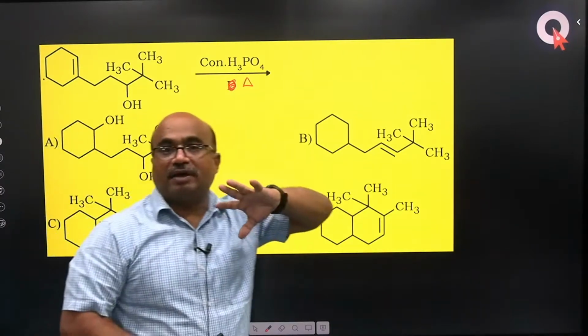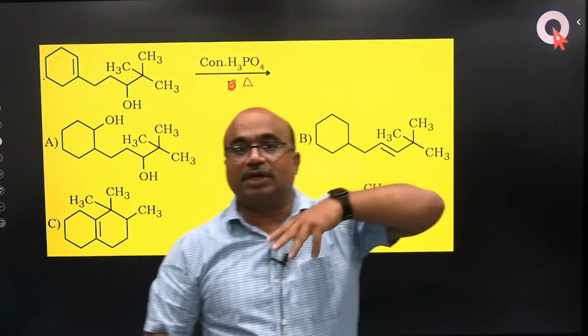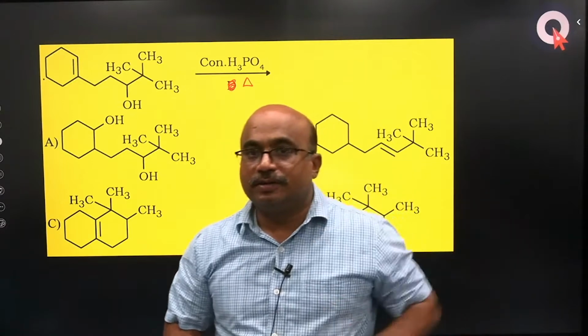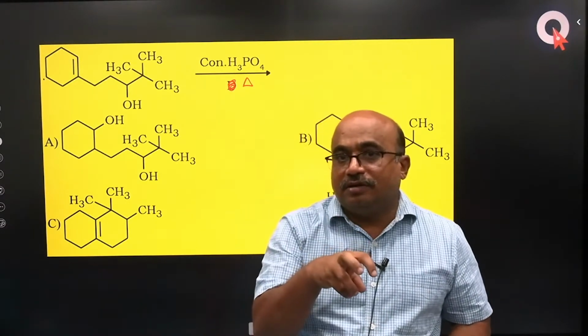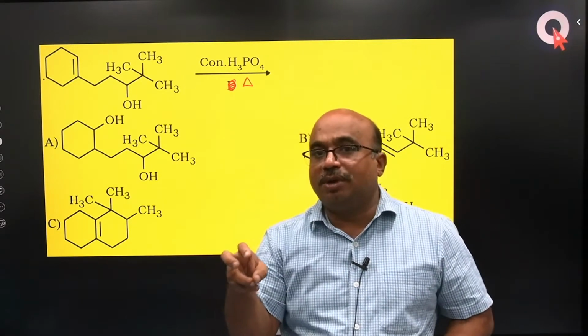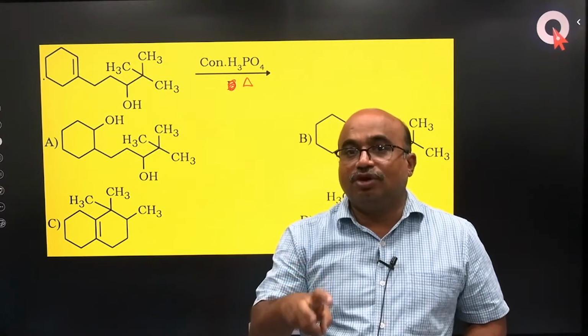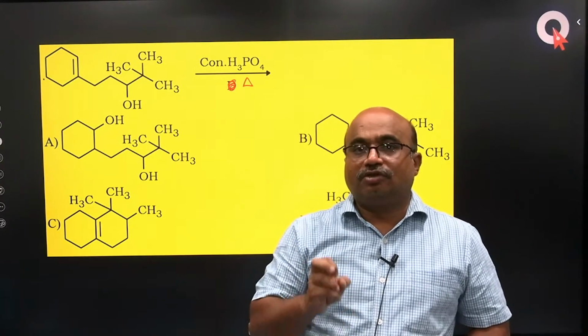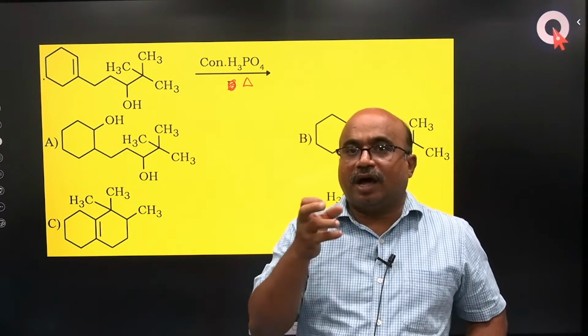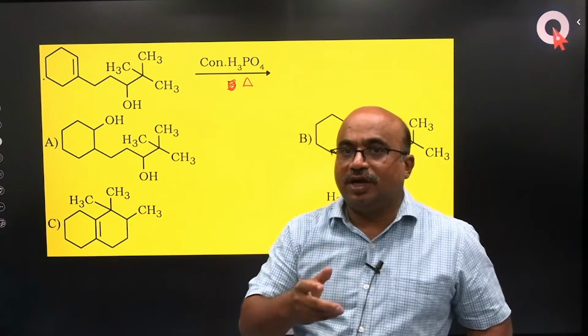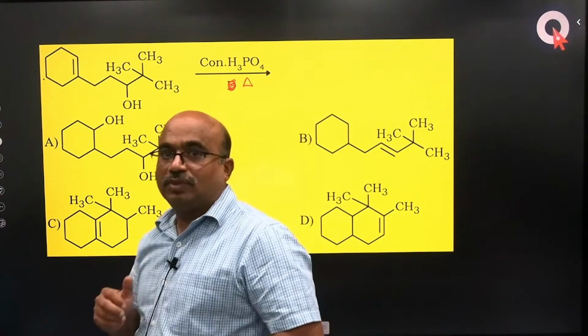So which type of acids generally do we use for the dehydration of alcohols? The acid's conjugate base should not be a good nucleophile. So we can't dehydrate alcohols by HCl or HBr or HI.